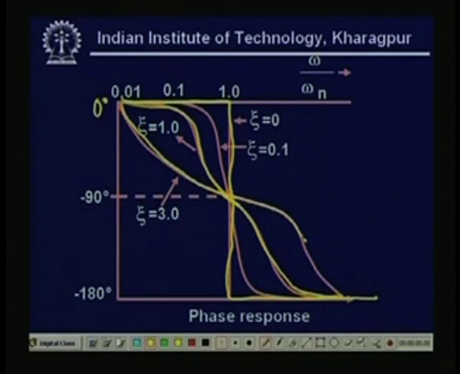Interestingly, at omega equal to omega n, it does not matter what the value of xi is, it will always pass through minus 90 degree.